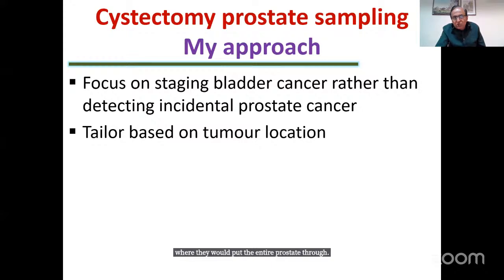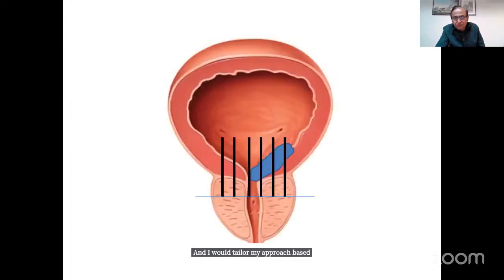My own approach is that the cystectomy assessment should focus on the staging of the bladder cancer rather than detection of incidental prostate cancer. And I would tailor my approach based on the tumor location.